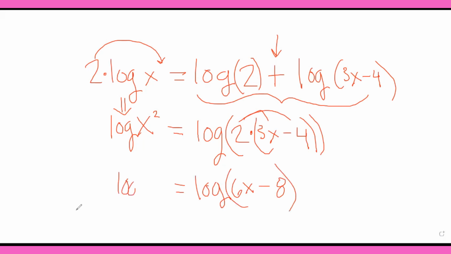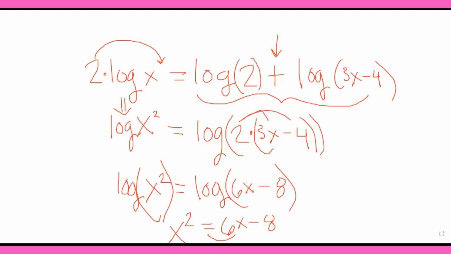And over here on the left, we said that was log of x squared. So again, if I have log of blah equals log of blah, well, my two blahs must equal each other. So I could just set x squared equals 6x minus 8. Immediately, this looks like a quadratic, and I want to get that equal to 0 in order to factor.